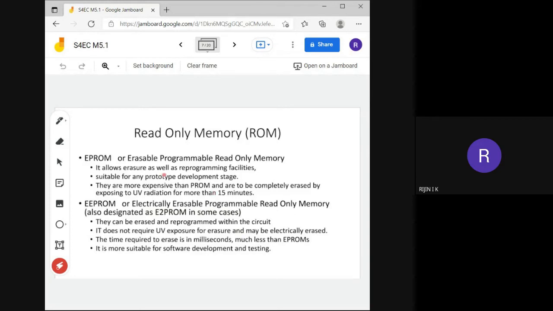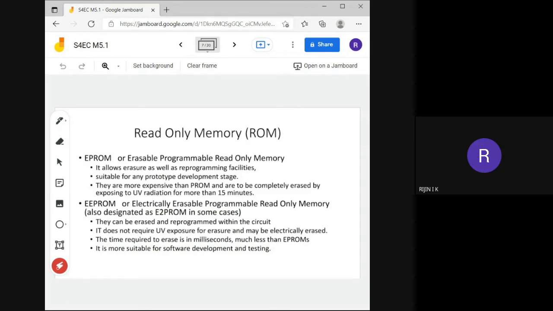Compared to EPROM, the time required to erase is milliseconds, much less than EPROMs, and it is also more suitable for software development and testing.